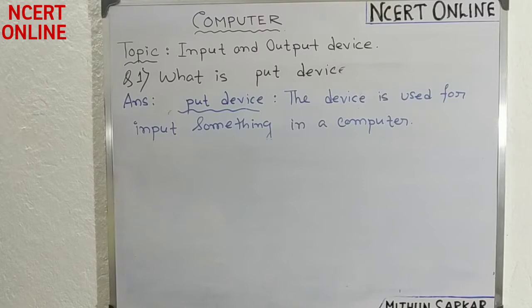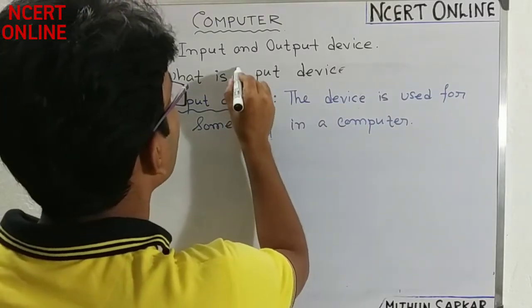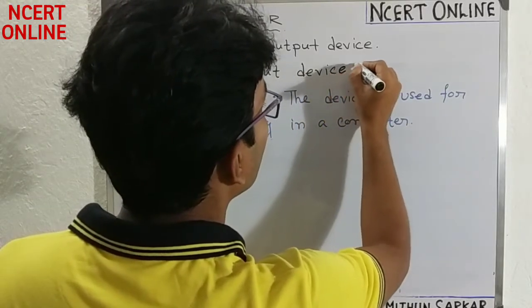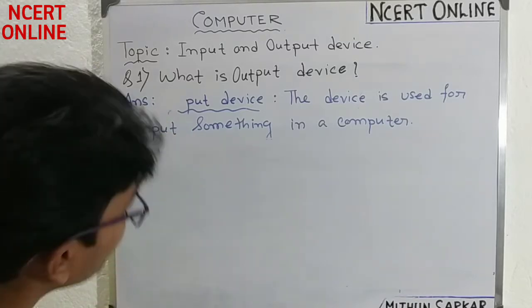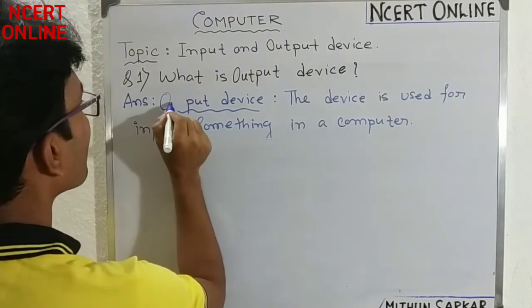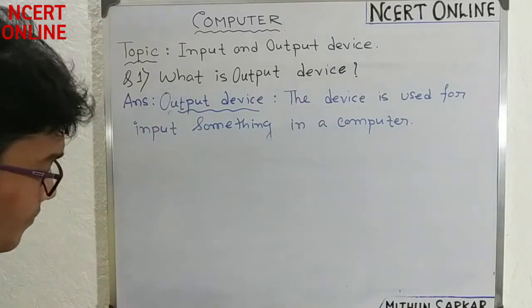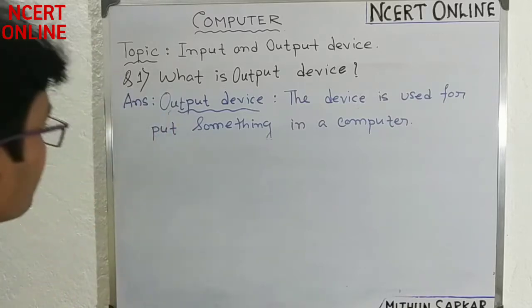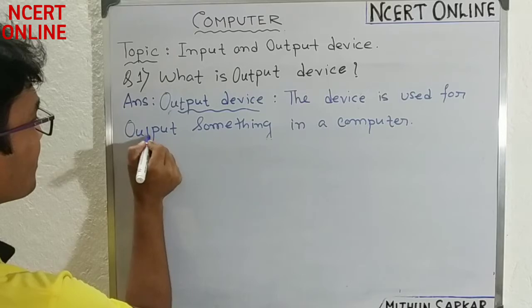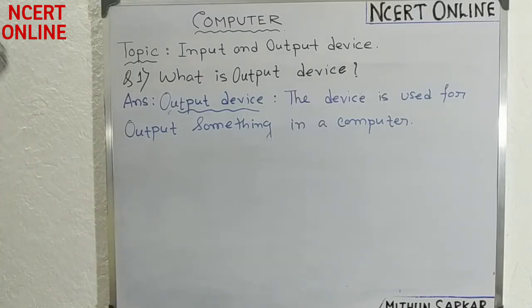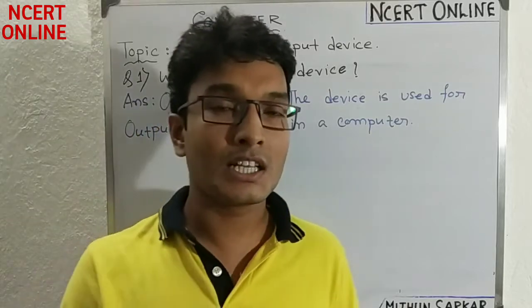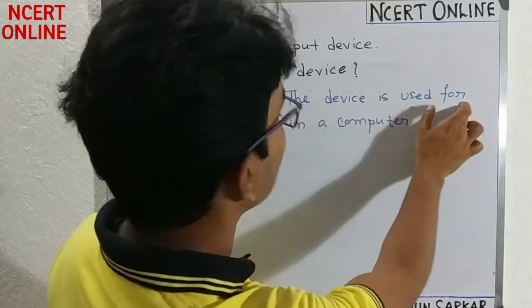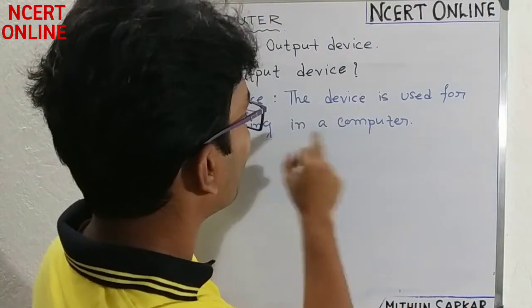Now we will discuss output. What is an output device? The device is used for output something from a computer.